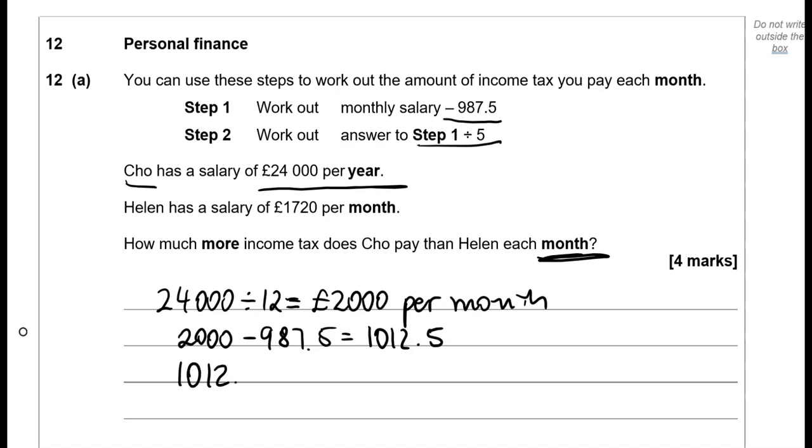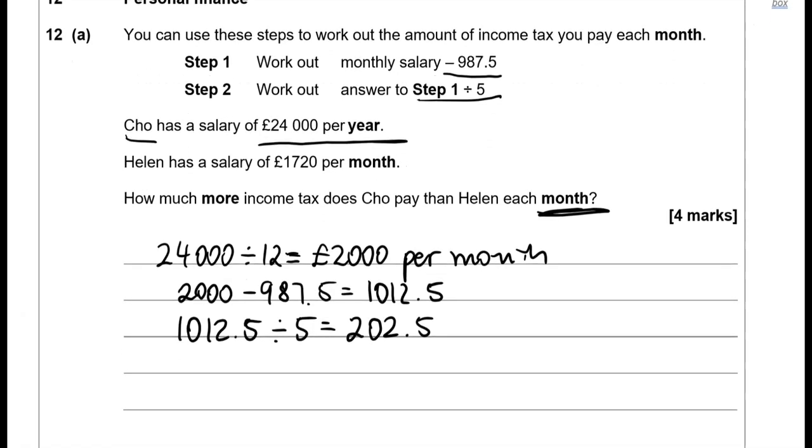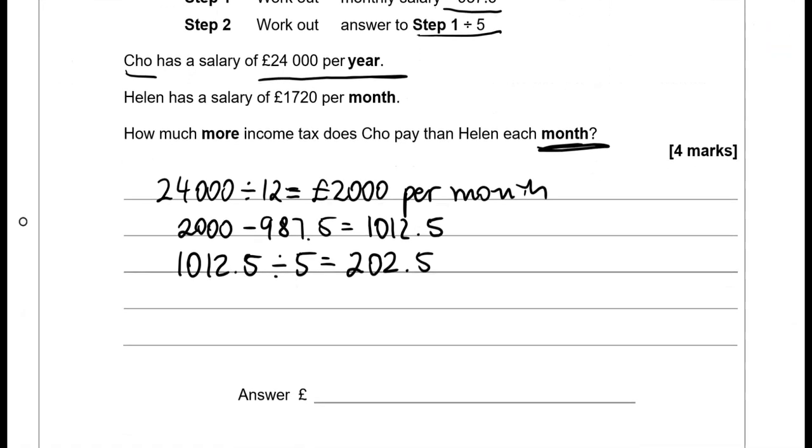So 1,012.5 divided by 5 gives us 202.5. Let's work it out for Helen. So 1,720, that is the monthly income.